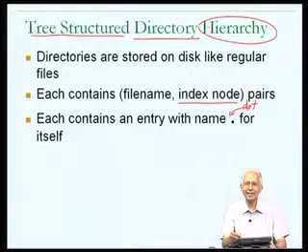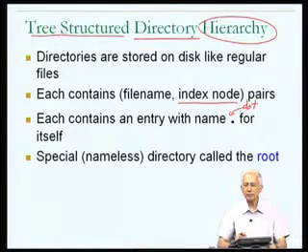And that entry need not have a name, since the directory itself has a name, but within the directory its name is not relevant. Therefore, it's just represented by an entry with the name dot. In addition to this, since we're talking about a tree structured directory hierarchy, the suggestion is that there would be one node in the directory hierarchy which is right at the top, and that node is going to be the root of the directory hierarchy.